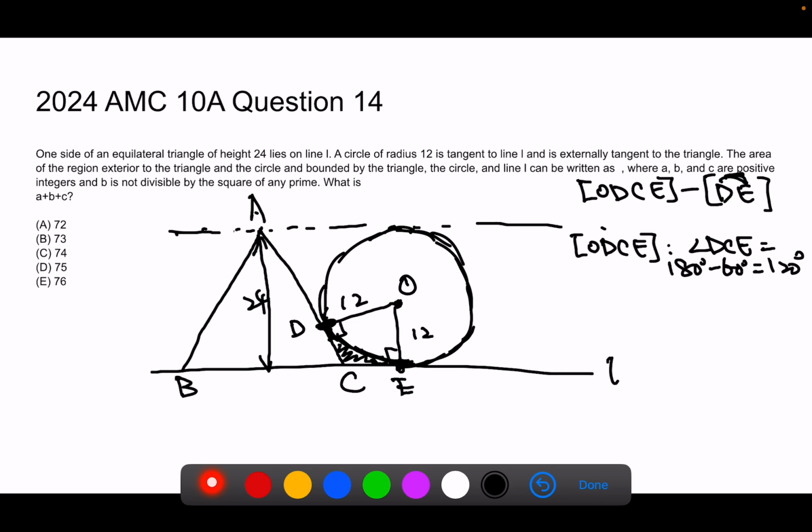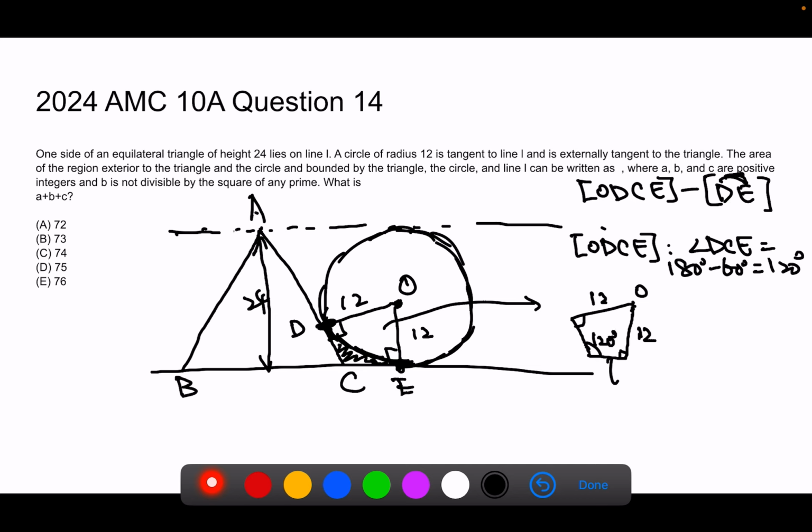Well, now if you take a closer look at this shape, and I'm actually going to take it out to here, you will see it's actually O, D, E, so 12, 12. And then you have a 90 degree angle, 90 degree angle. This is 120.